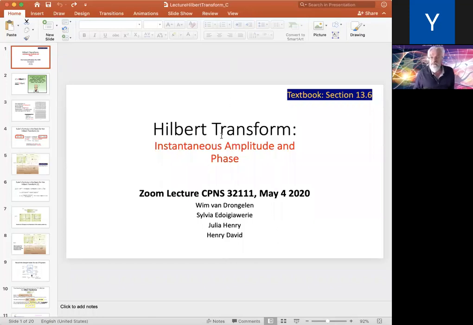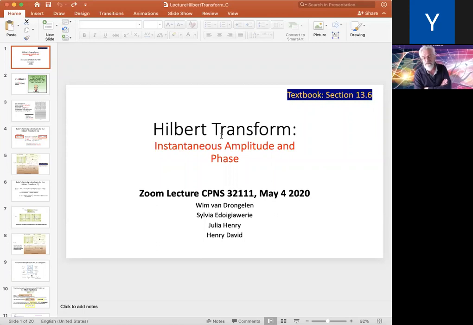I assume that by now everybody can see the screen, and this is the start, which is the Hilbert transform. What does the Hilbert transform do? It determines the instantaneous amplitude and phase of a signal. It again is part of chapter 13.